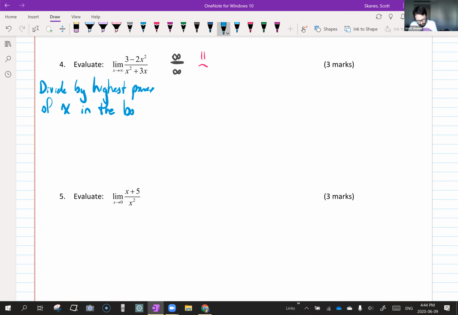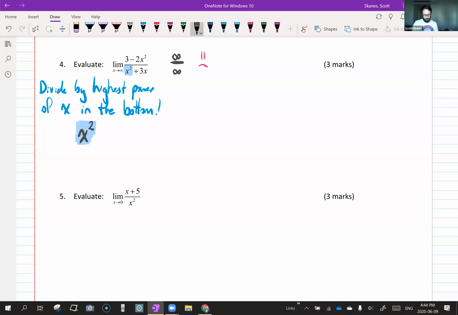In the bottom, I guess. Denominator, bottom, whatever you want to call it. What's our highest power on bottom? Just so we're all awake here. It is the x squared. Squared is the biggest. So we'll divide everything by x squared. Divide every single term by this.